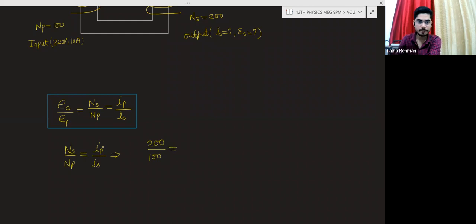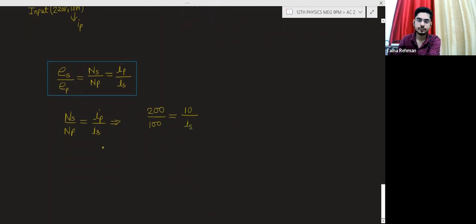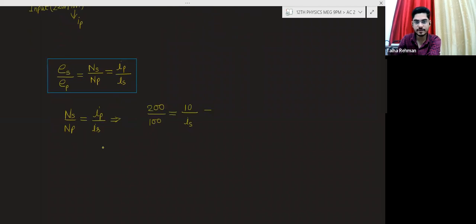Current in the primary, this is IP, is given as 10, and this is IS. So you will get IS as 5 ampere. You will cancel this.